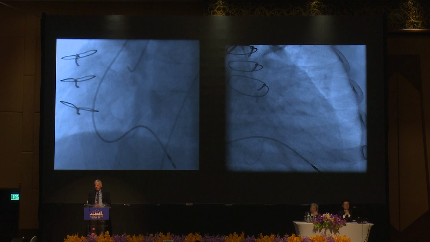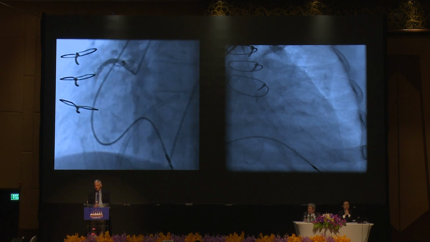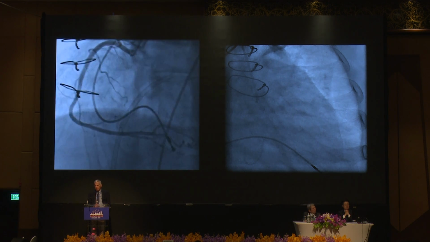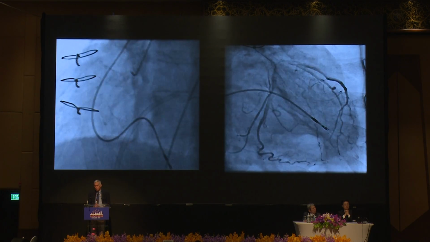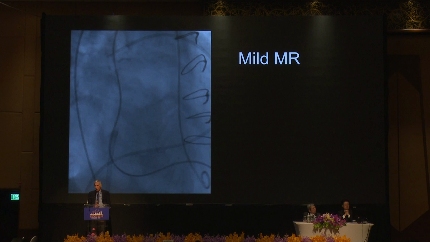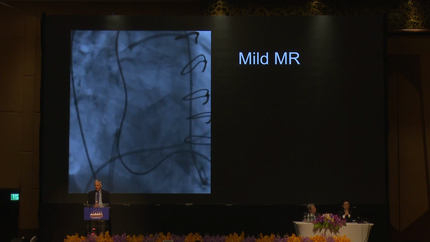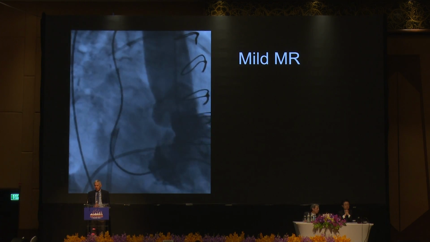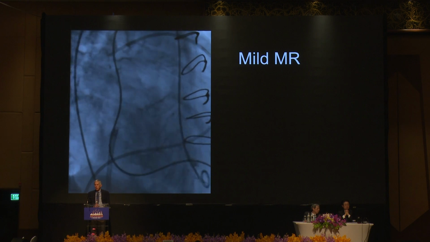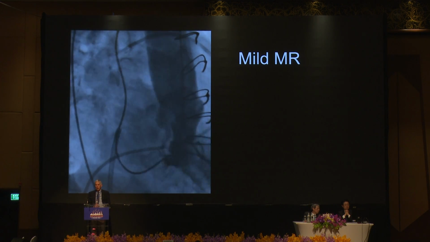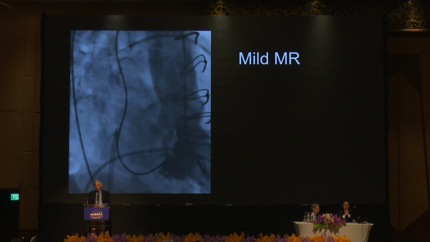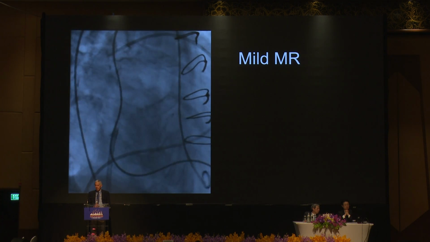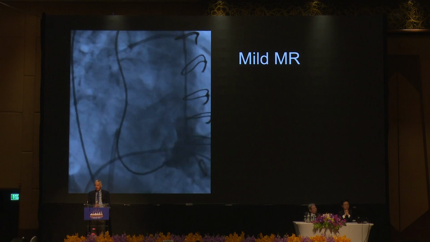Well, the first thing we want to do is see whether there's any coronary disease or anything else that could be causing a problem. This is her angiogram. And so we get an LV-gram and say, how severe is the regurgitation? So even with PVCs, there's some regurgitation, but I think everybody in the audience will agree that it's not severe. She had good function at the base of the heart, where you calculate the ejection fraction from.